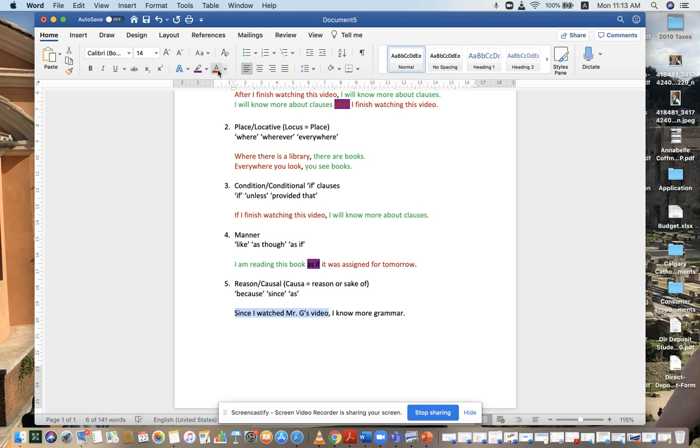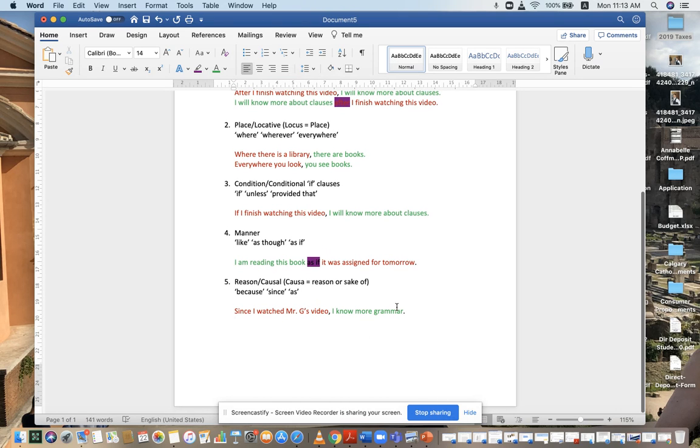That is my dependent clause, and this is my independent clause. Okay. And I can reverse it. I can say, I know more grammar since I watched Mr. G's video, and then you do not need a comma after that. At number 6, following reason, we have effect, also known as the result clause.